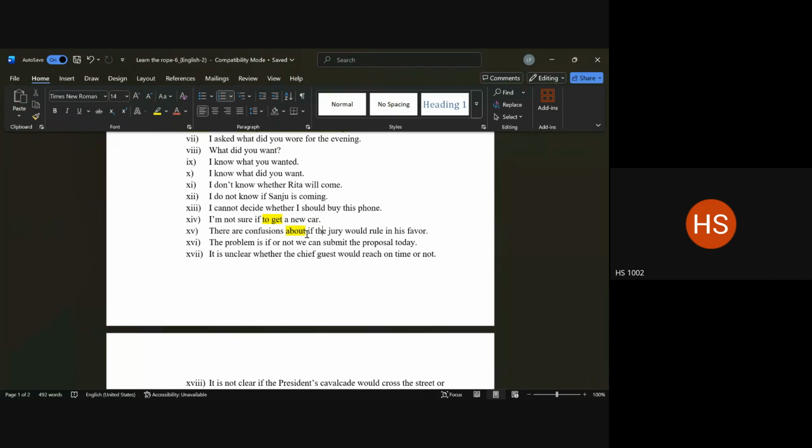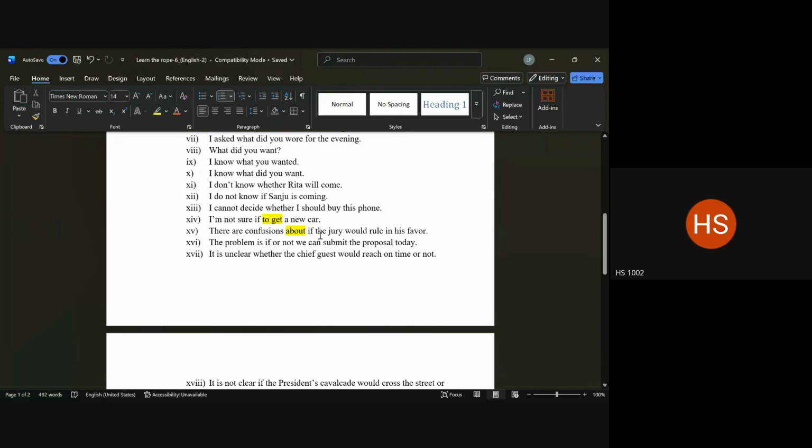If there is a preposition preceding the subordinating conjunction, then the choice between if and whether is always whether. If after the subordinating conjunction you have a to-infinitive, then between if and whether, again it is whether, right? That is what will make it grammatical. So again, you will say there are confusions about whether the jury would rule in his favor, not if the jury would rule in his favor.